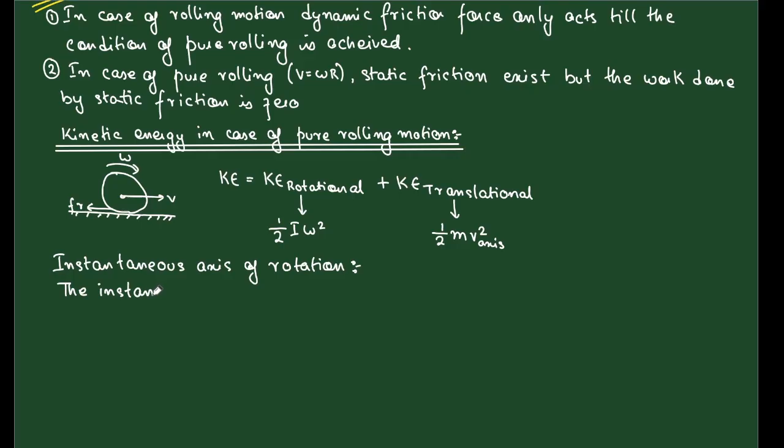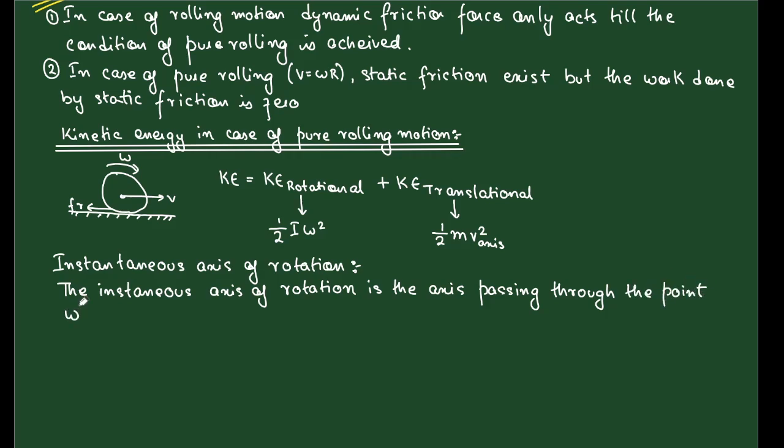So the instantaneous axis of rotation is the axis passing through a point where the point has zero velocity.